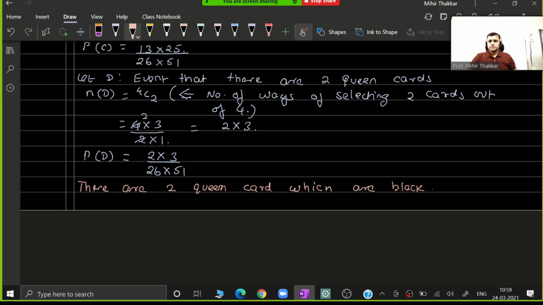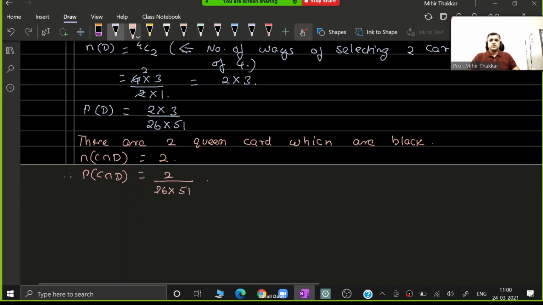So n of C intersection D is 2. This comes out to be equal to 2 upon 26 into 51.